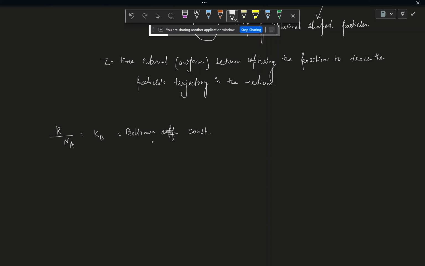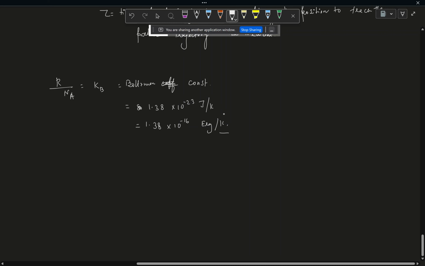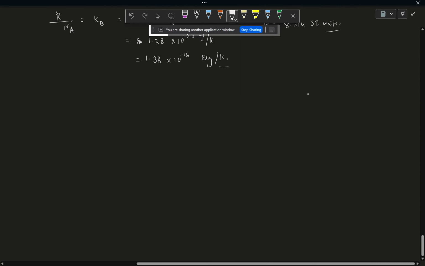So R by Na will give you Kb, which is the Boltzmann constant, and which has a value of 1.38 into 10 to the power minus 23 joule per Kelvin, or if it is in CGS, then it is 1.38 into 10 to the power of minus 16 per Kelvin. Okay. And this universal gas constant R value is 8.314 in SI units. And there are other units also, but I will not go into that right now. You can check that from the internet.